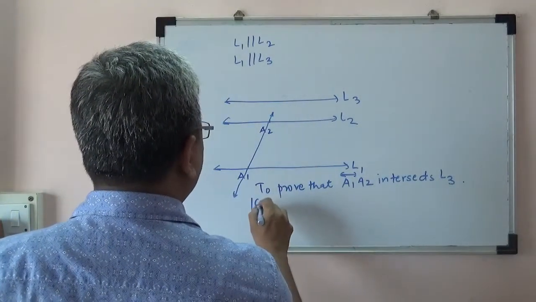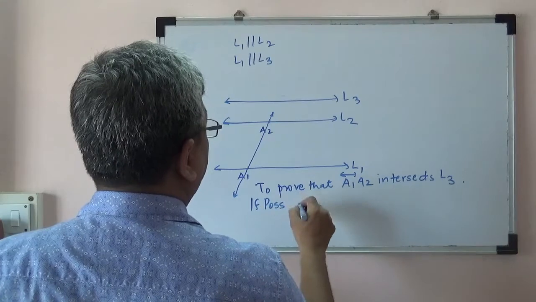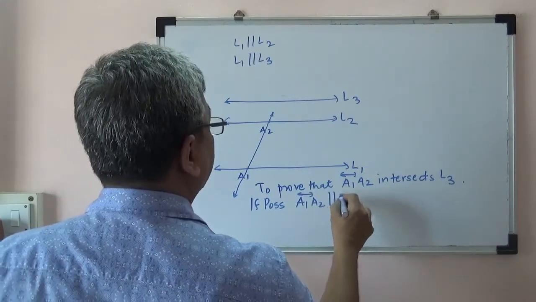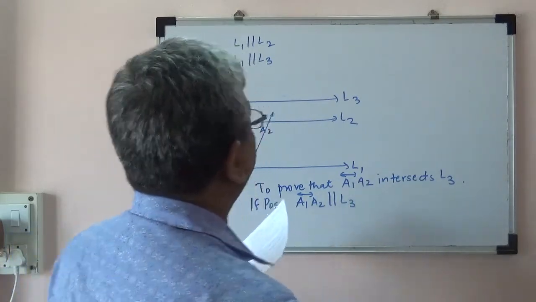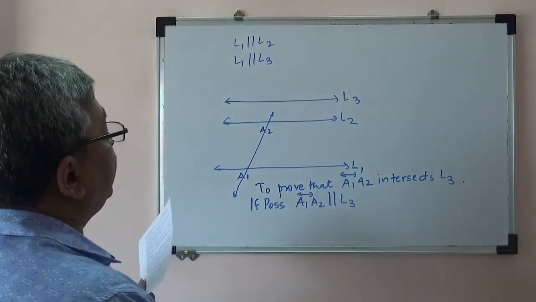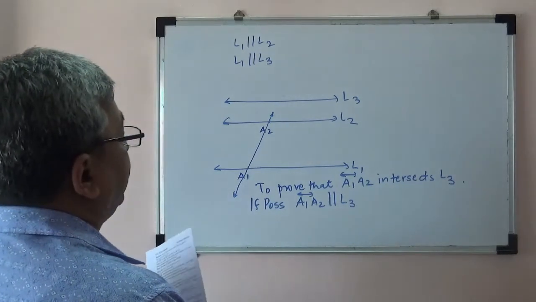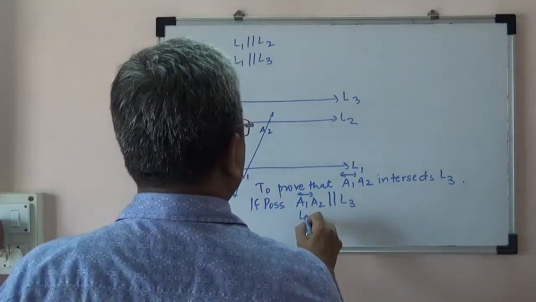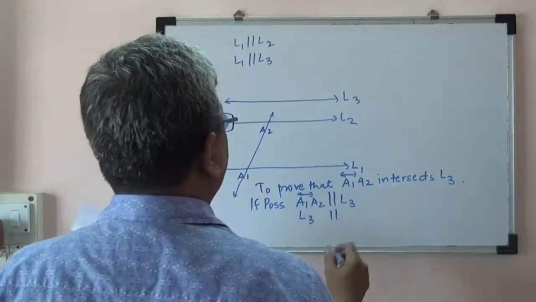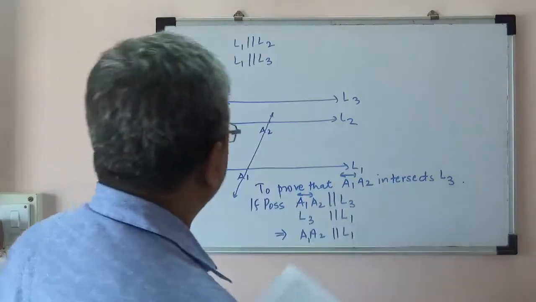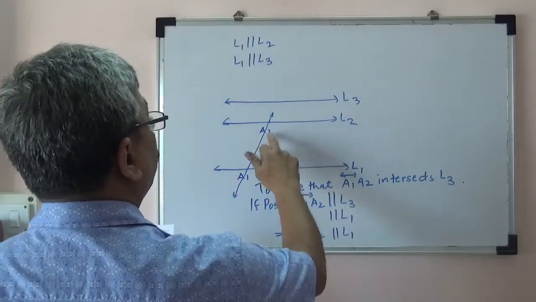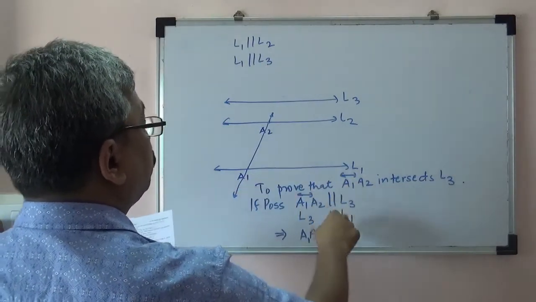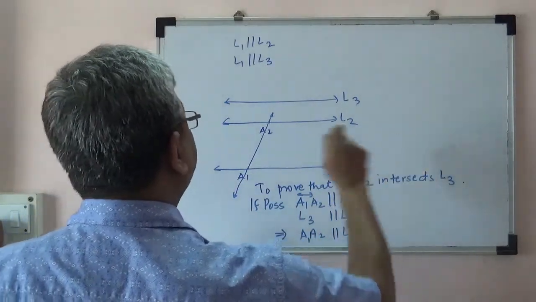If possible, A1 A2 is parallel to L3, and L3 is parallel to L1.